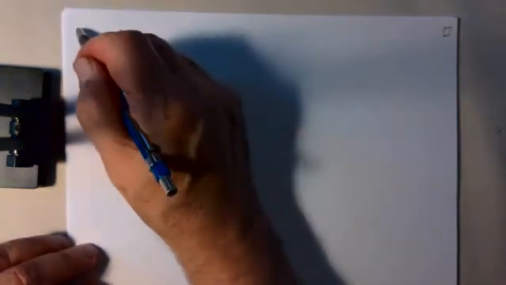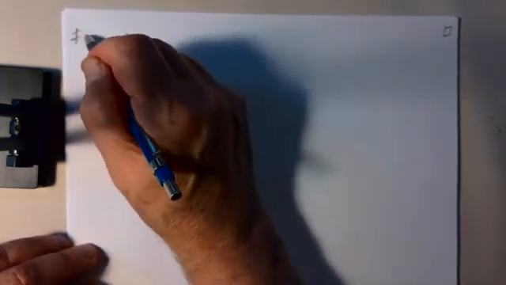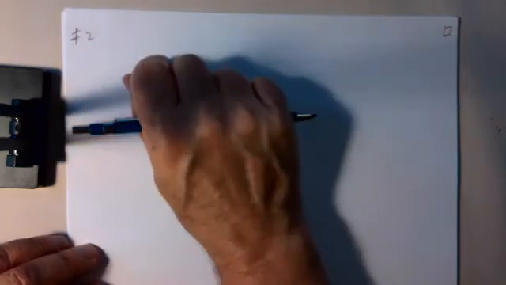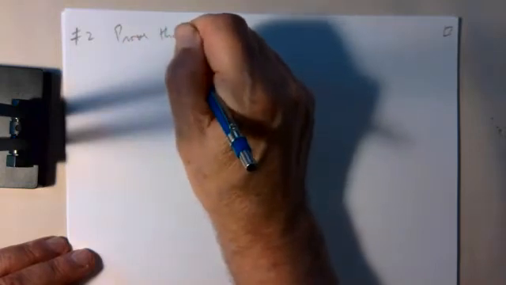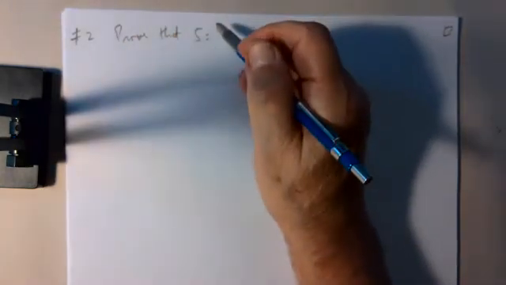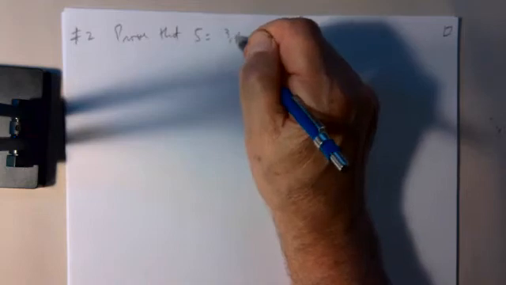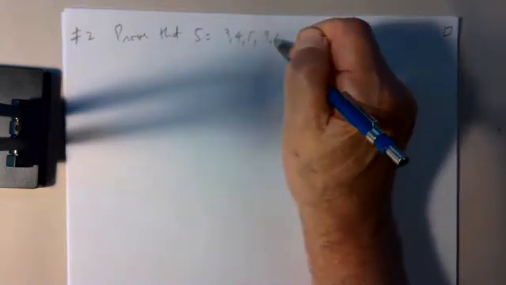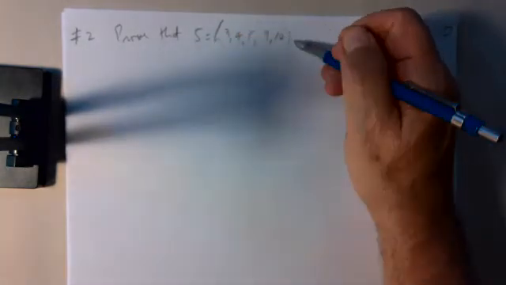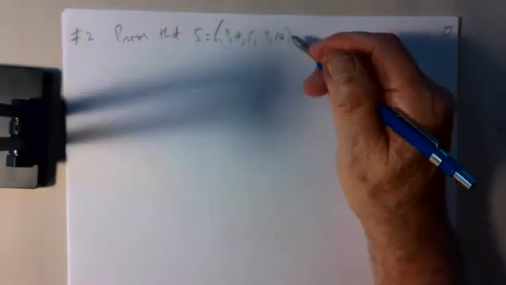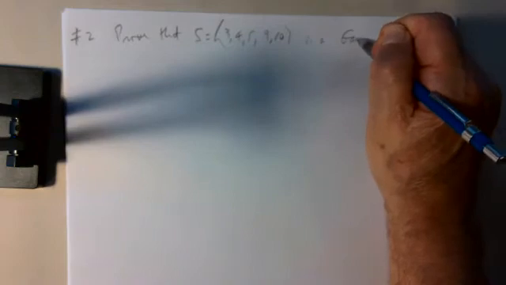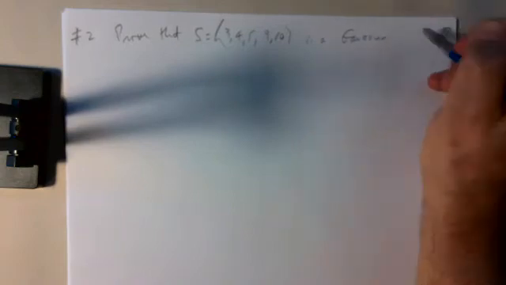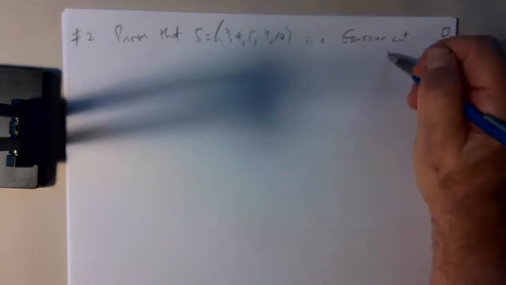Let's look at number 2 in the same section. Prove that S equal to 3, 4, 5, 9, and 10, those 5 positive integers, is a Gaussian set mod 11.